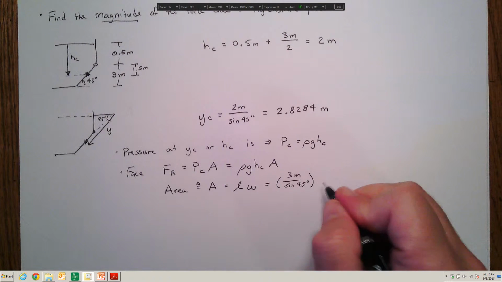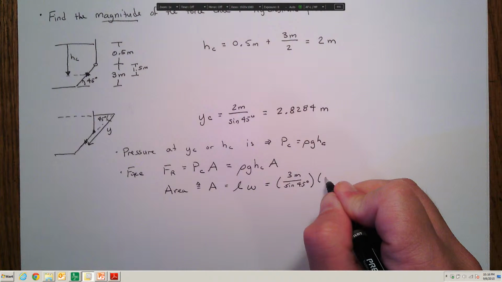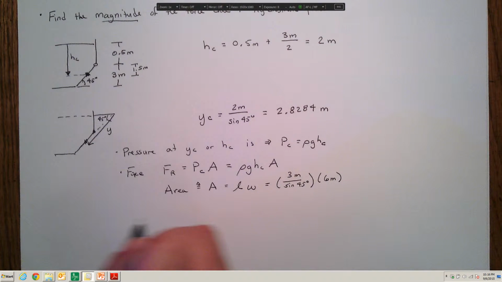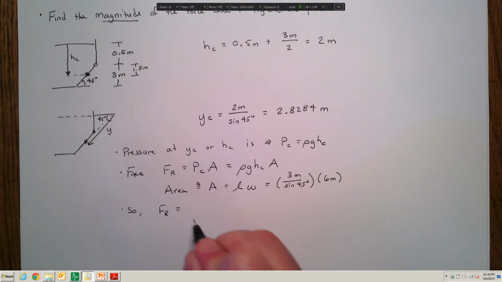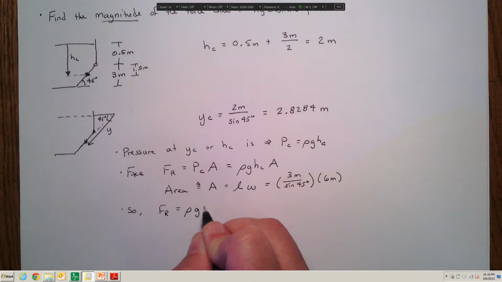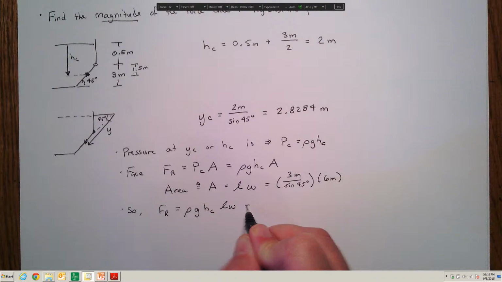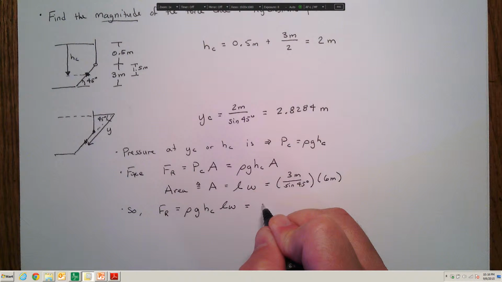The width, given in the problem statement, is 6 meters. So the magnitude of the resultant force is given by the density of water times gravitational acceleration times the height to the centroid multiplied by the length and the width. When we put that all together, it looks something like this.